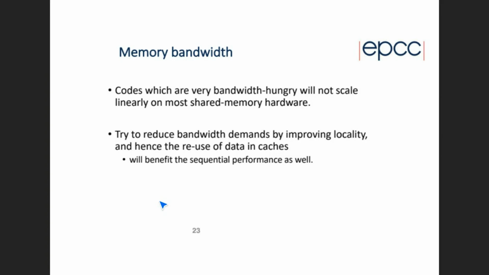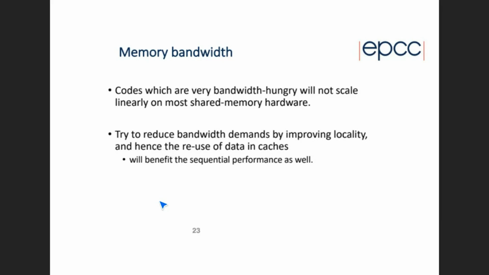It's purely a limitation of what the hardware is capable of. The only thing you can really do in this case is to try and reduce the bandwidth demands by improving locality, improving the reuse of data in your application, so that you reuse the data that gets cached better. That should also benefit your sequential performance, but it's especially important for multi-threaded code.